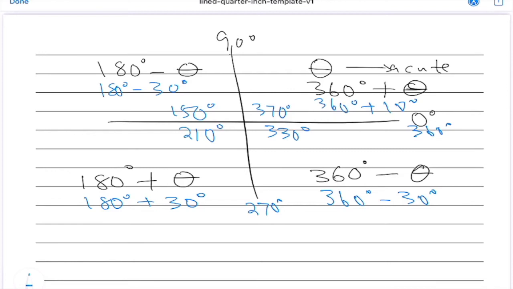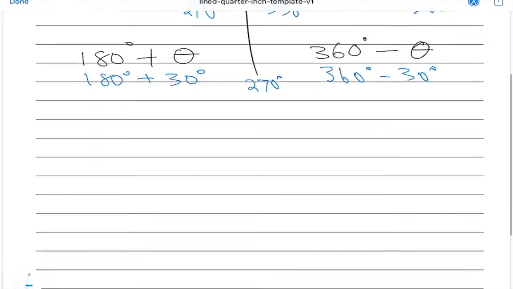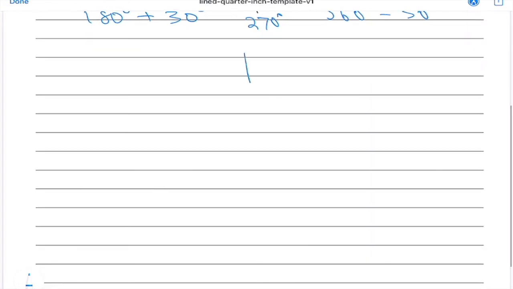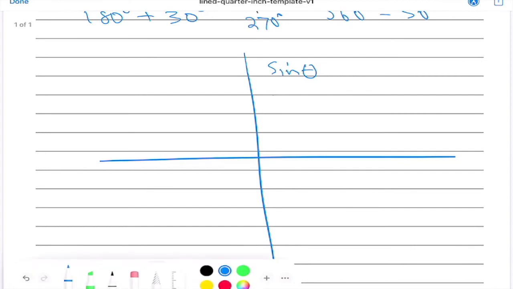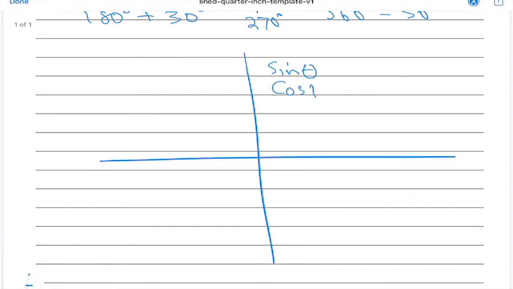Right, we will be making use of this. And what we are saying is we should be able to work out the sine of angle theta. Remember, theta is in the first quadrant. The sine of theta, the cosine of theta, then the tangent of theta.